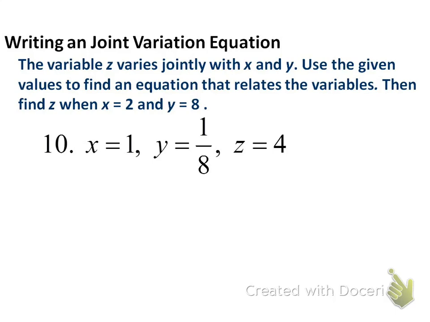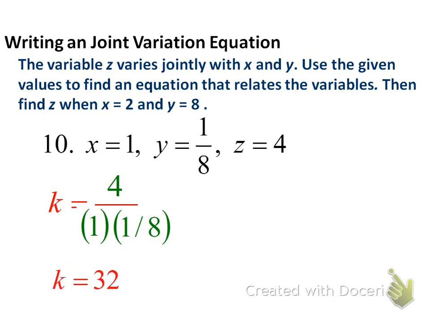Here's another one for you, same basic setup. So I'm going to find k first. So I plug in 1 for x, 1/8 for y, and 4 for z. This is another one you can just simplify in the calculator, coming up with a k value of 32.